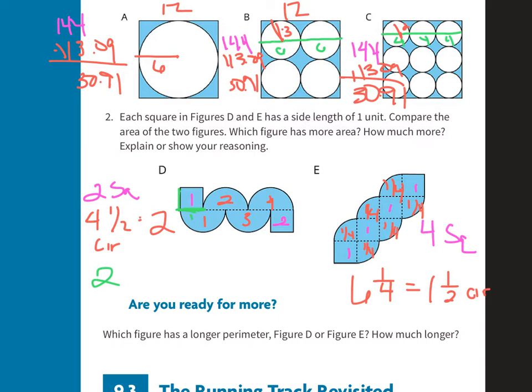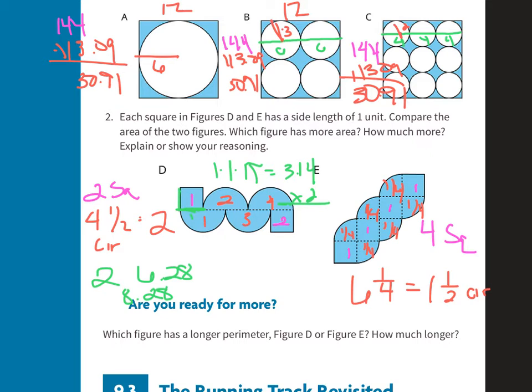So we're going to go pi times 2, we get 6.28. So 2 for the squares, 6.28 for the circles. Okay? So we get a total of 8.28.